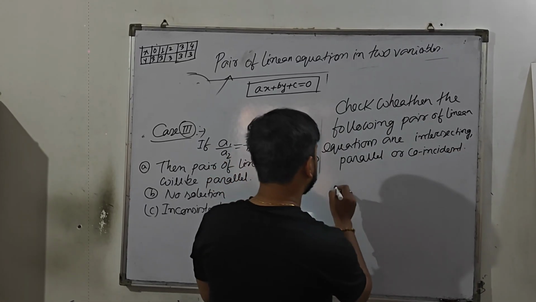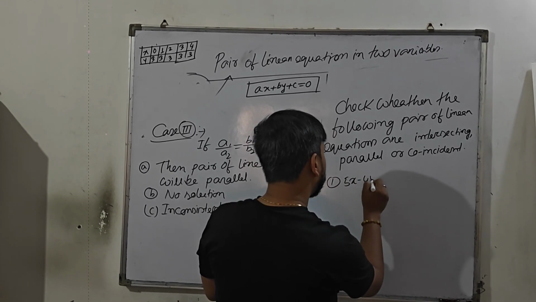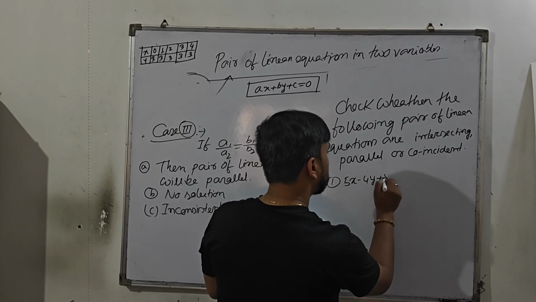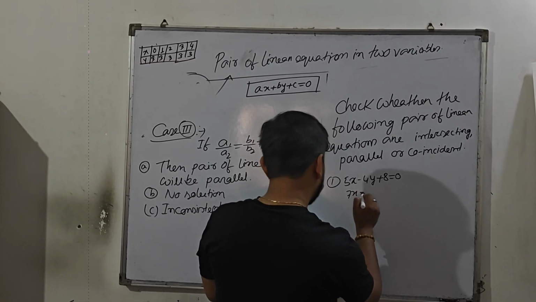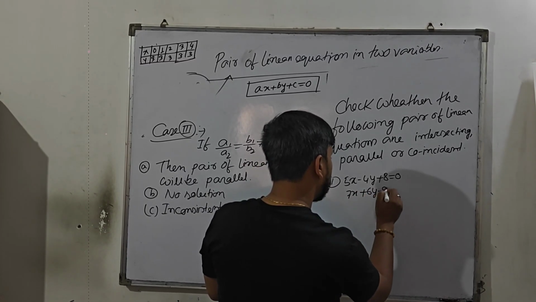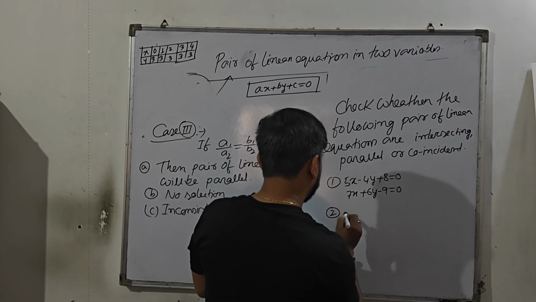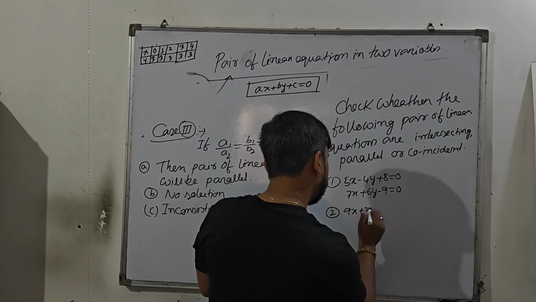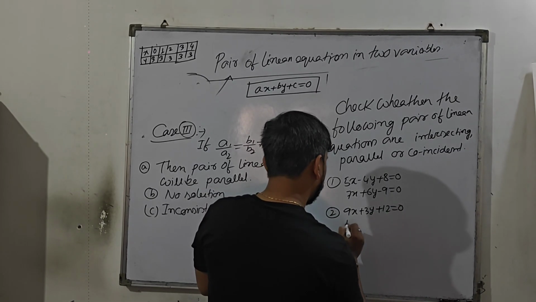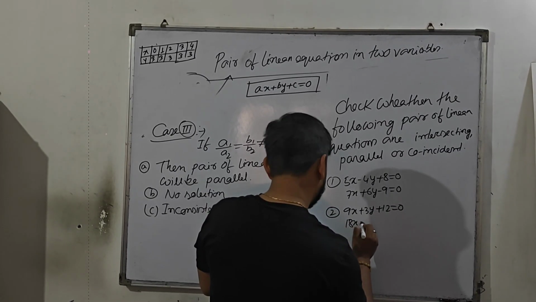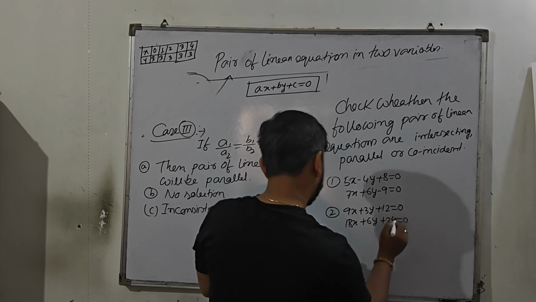Okay, simple equations. 5x minus 4y plus 8 is equal to 0. 7x plus 6y minus 9 is equal to 0. 9x plus 3y plus 2 is equal to 0. 18x plus 6y plus 2 is equal to 0.